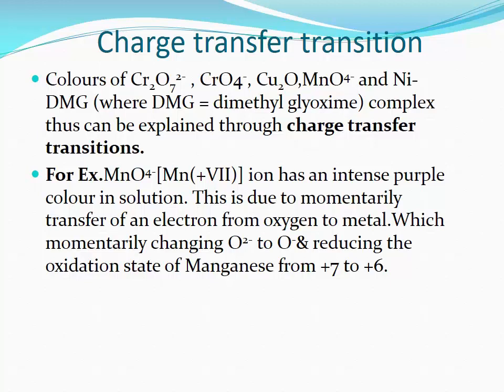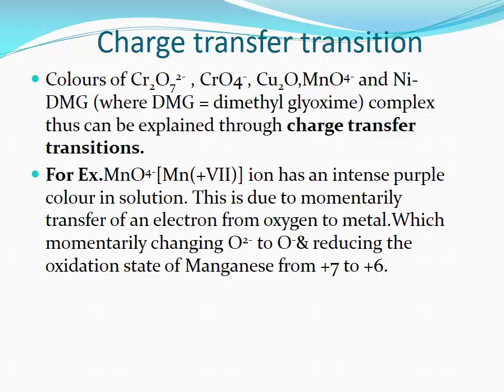For example, MnO4-. In MnO4-, the oxidation state of Mn is +7. When it is dissolved in water, it forms an intense purple color in the solution. This is due to momentary transfer of an electron from oxygen to metal.